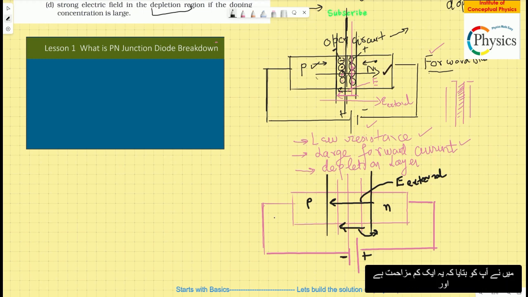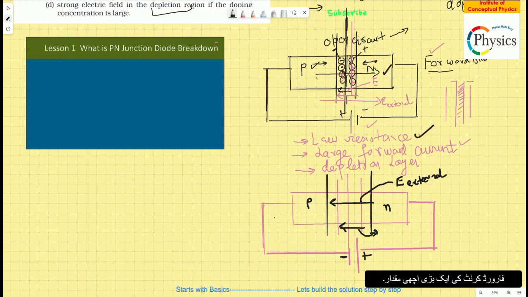I told you it's a low resistance and a good amount of forward current. The electrons and the holes both constitute it, so there is an I hole and an I electron constituting the current.